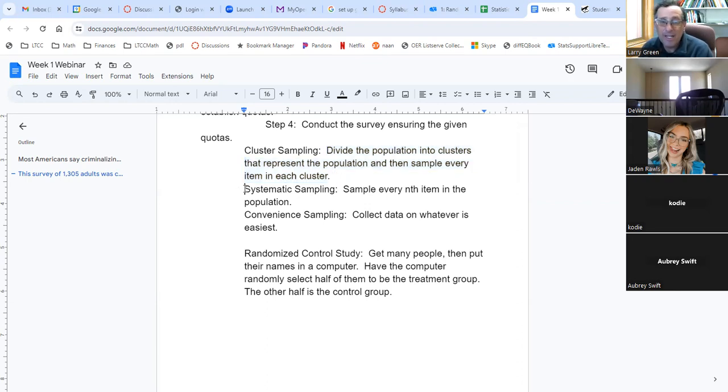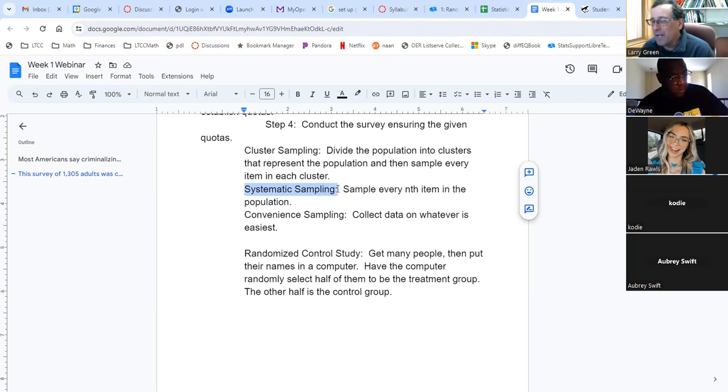Let me give you a next one, and that's systematic sampling. I'm going to give you an example of one where I helped a former student who went into business after he got his degree. He made towels for hotels, and he wanted to compare how good his towels were to towels made in China. His towels were made in California.